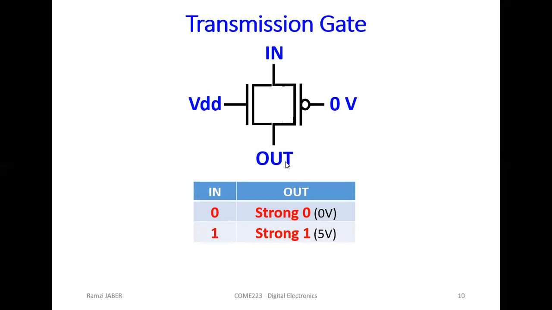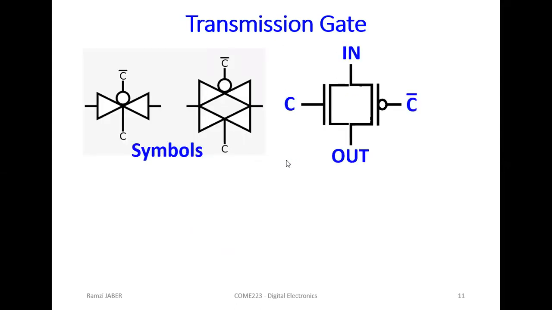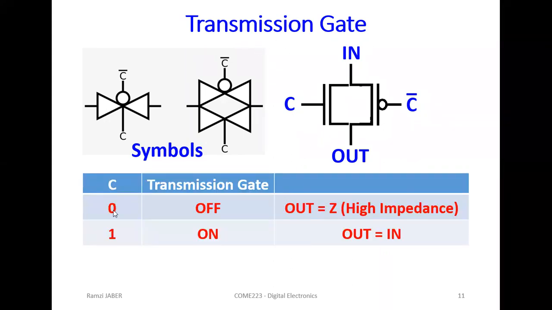But in the general case for the transmission gate, we have a control signal, to turn the transmission gate off or on. For C equal to 1, no problem. The transmission gate will be on and the output will equal the input, strong 0 or strong 1.